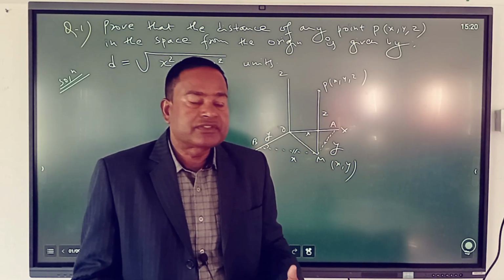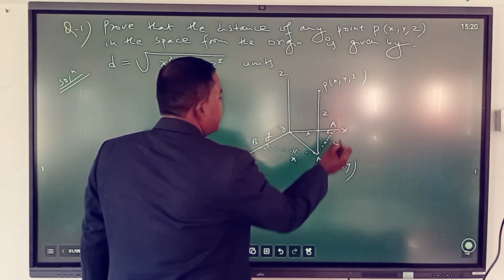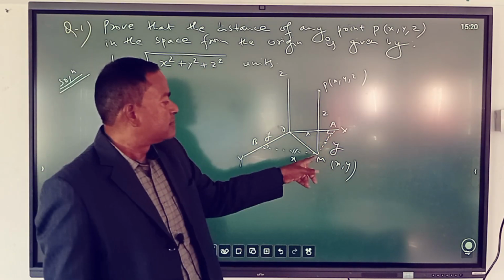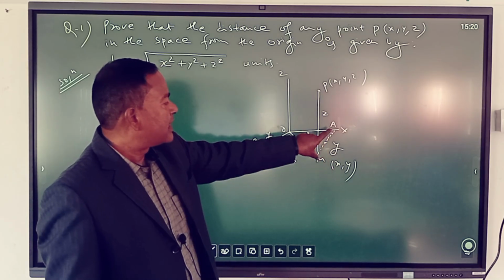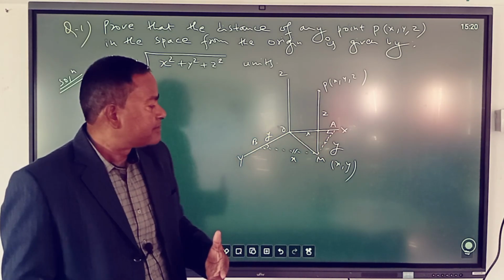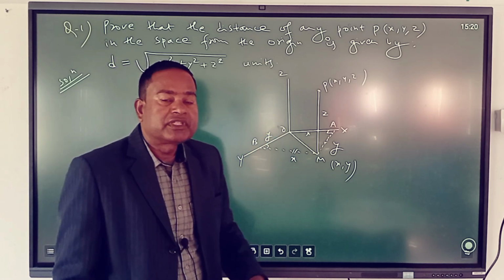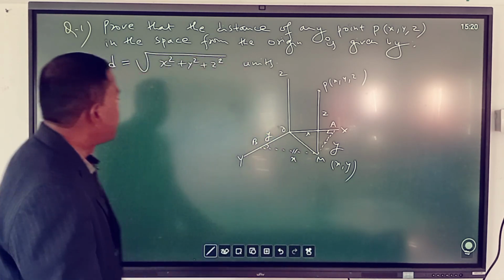In triangle OAM, OA is equal to x and AM is equal to y. Then by using the Pythagoras theorem, we can find the length of OM. So let's find the distance between O and M at first.